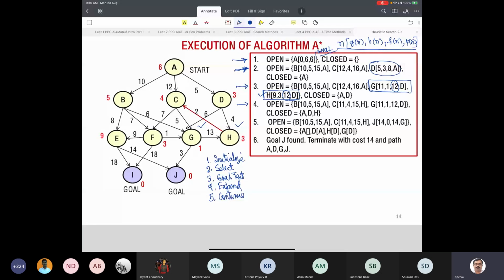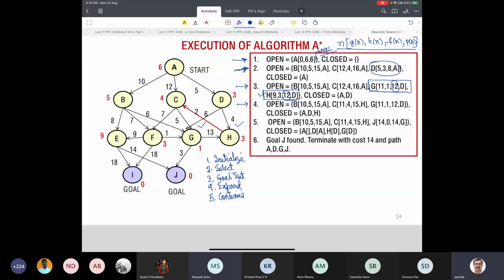So if we remove node H, then what comes into open? What happens to open? Nancy? Sir, C gets appended. Yes. Who is saying this?